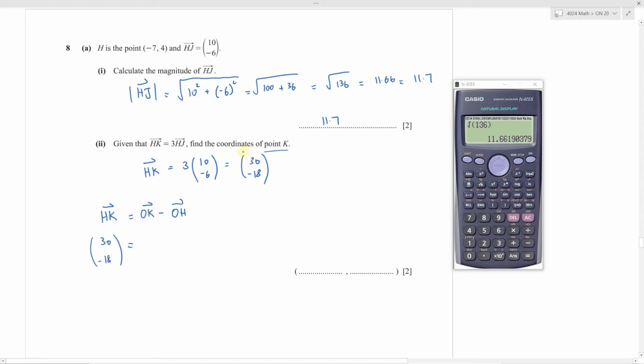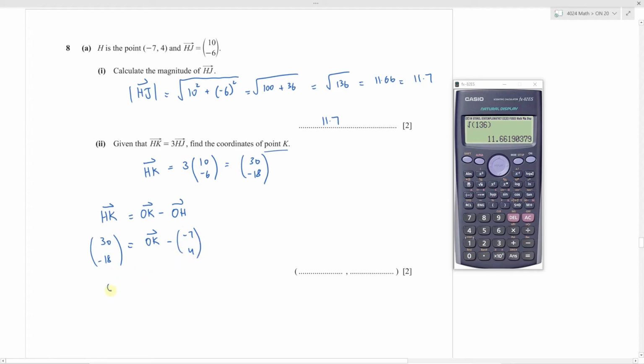OK is unknown because we need to find the coordinates of K. And OH is the position vector of point H. We're given the coordinates (-7, 4), so the position vector will be (-7, 4).